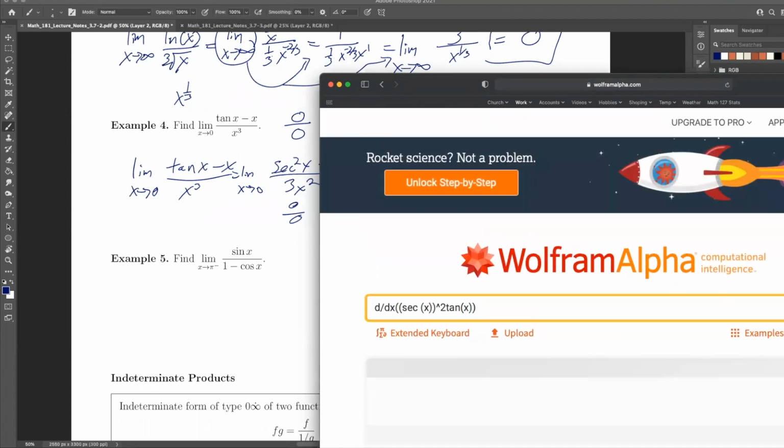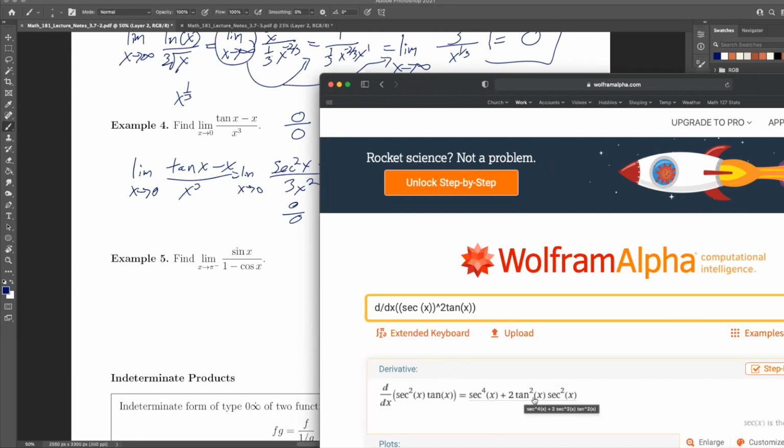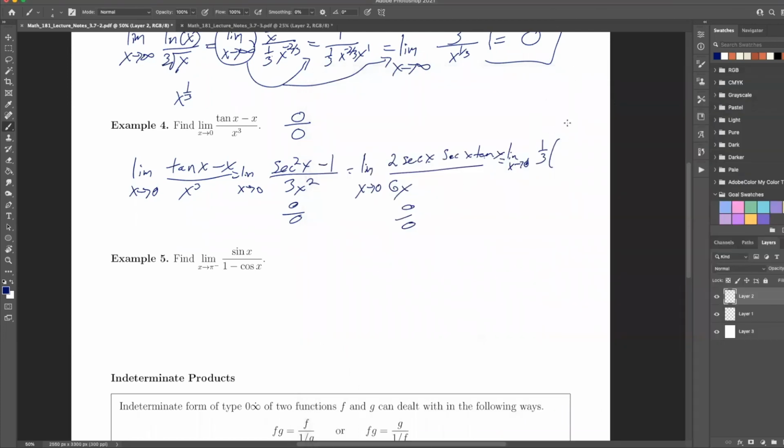All right, so we can take this derivative. And so this is what we get, right? This derivative gives me secant to the fourth x plus 2 secant squared x tangent squared x.